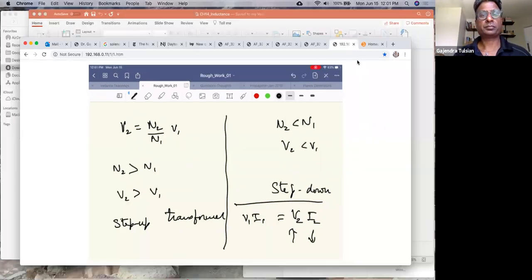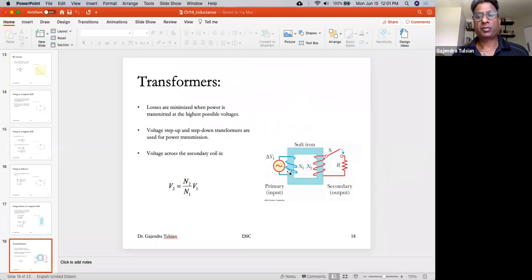Anyway, transformers are very useful devices because losses are minimized when power is transmitted at the highest possible voltages. So let's say electricity is generated at Hoover Dam, and then it needs to come thousands of miles across to your home.